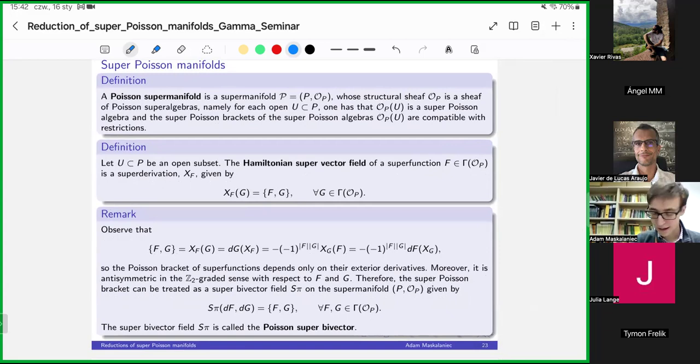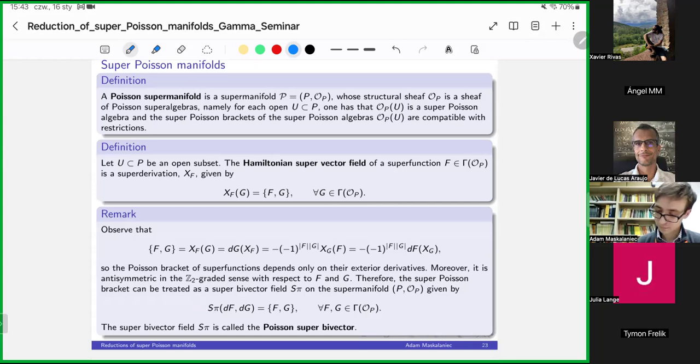Moreover, by the duality between super vector fields and super differential forms, we may observe that the Poisson bracket of f with g is exactly the evaluation of the super vector field X_f on g. And then we see that our Poisson bracket depends only on the exterior derivative of g, but not on g itself. And we may proceed similarly for f. So then we see that we have the super Poisson vector.